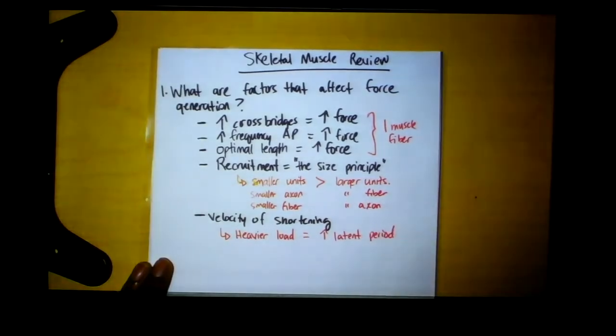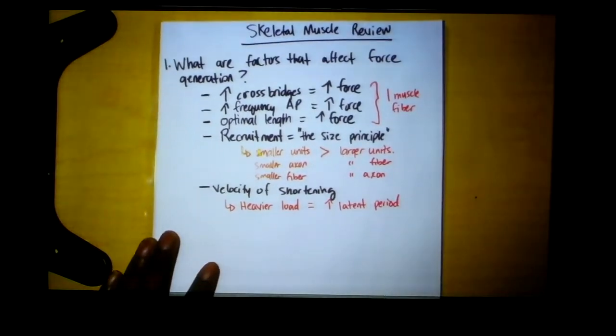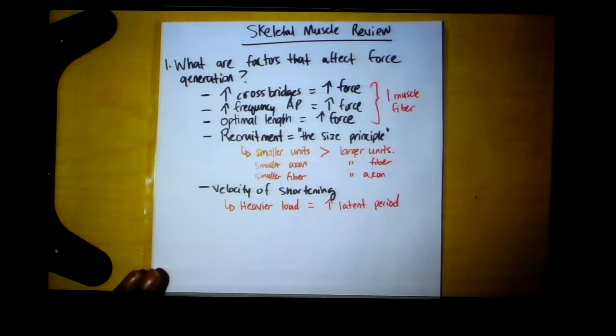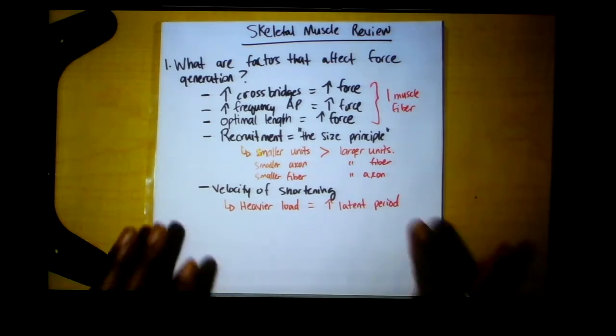Why does it have an increased latent period? Why would we have an increased latent period for a heavier load? What does the latent period represent? So the latent period we said was that time where excitation, contraction, coupling was happening, right? And if we need to generate more force to overcome a heavier load, we have an increased latent period.